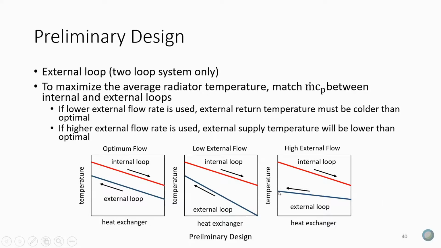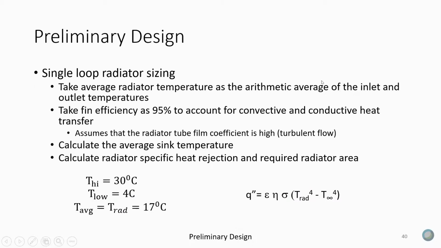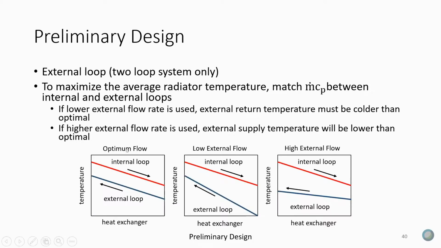So your radiator temperature is going to be somewhere near your average external loop temperature. So the more you can do to keep that up, the better you are. If you have too little flow outside, you're going to have to come in colder. If you've got too much, you're not going to come out as warm as you could otherwise. And in fact, on Orion, the way that it's built is they do have more flow than you would do in this ideal case. So their external loop temperature is actually a little bit colder than it would be otherwise.